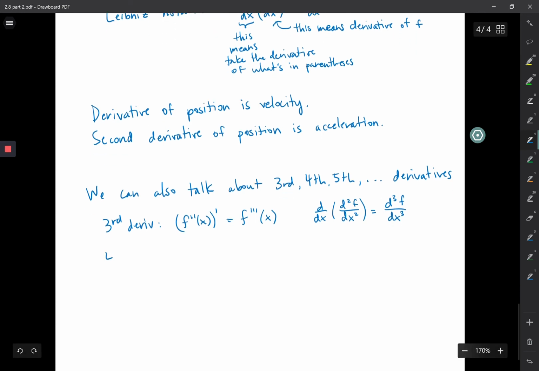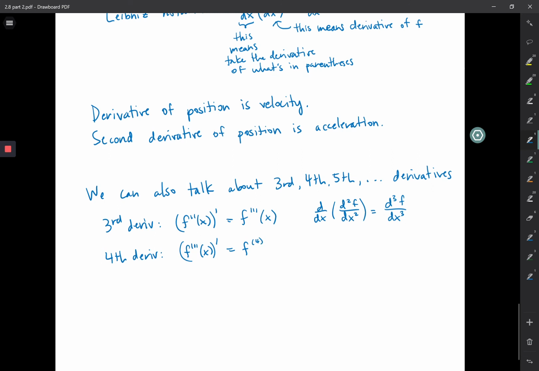Okay, and then fourth derivative. At this point, the notation changes a little bit because we can't just keep adding primes, because that will get out of hand really fast and hard to keep track of. So at this point, we'll switch to writing it as f and then a 4 in parentheses, so that it doesn't look like f to the power 4.